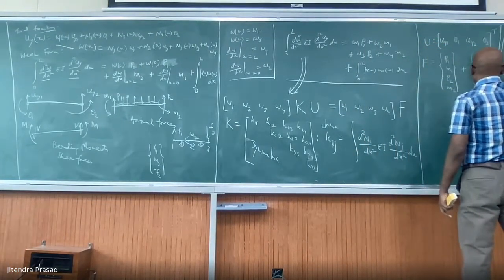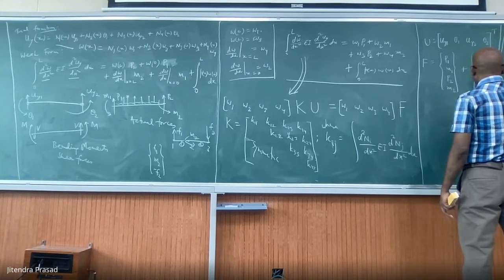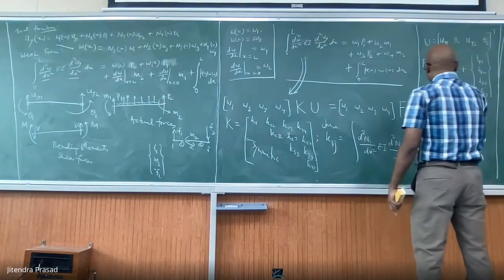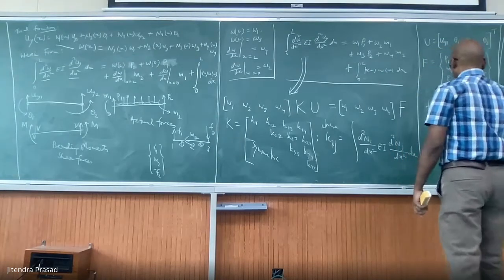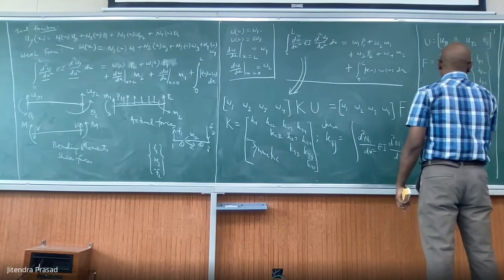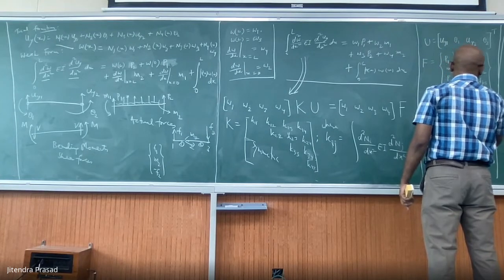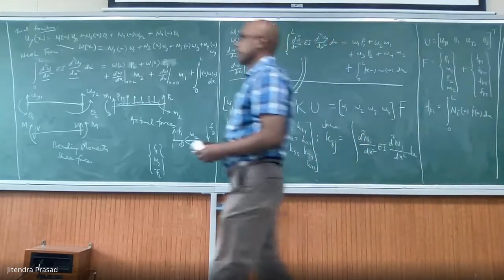So you can write F distributed as FP1, FP2, FP3, FP4, where FPi is equal to the integral 0 to L, the usual stuff, Ni(x) times the load.